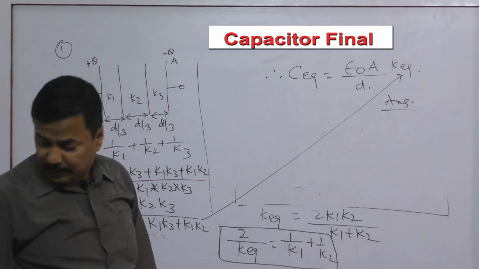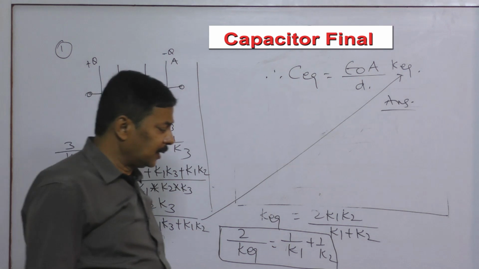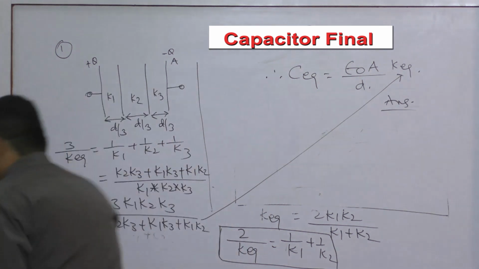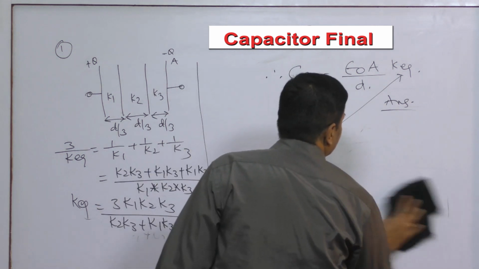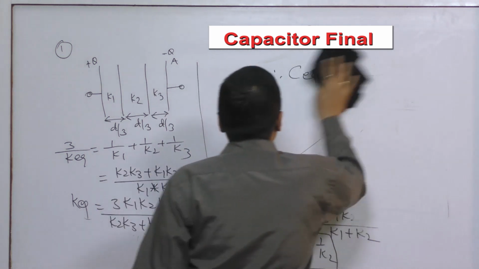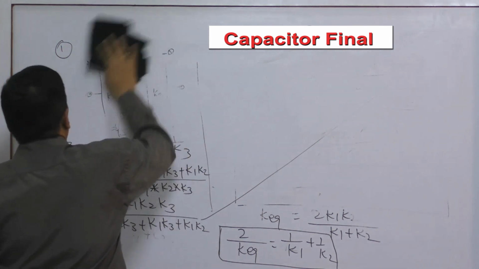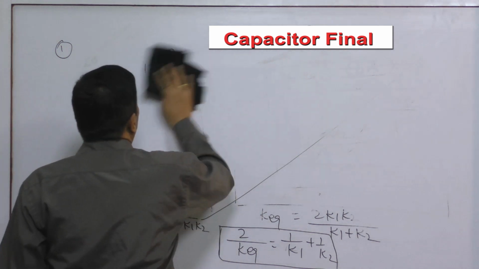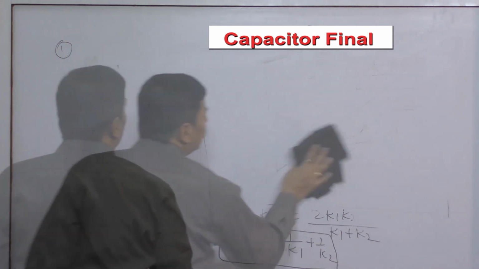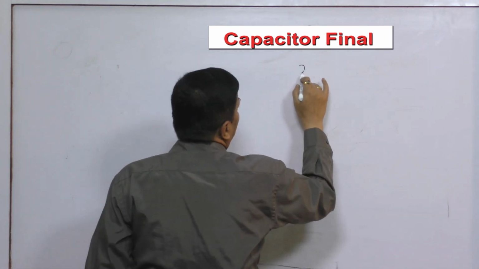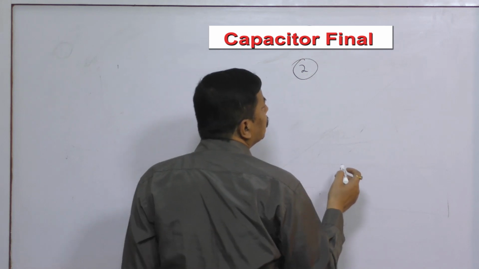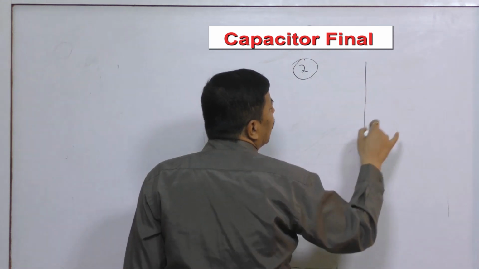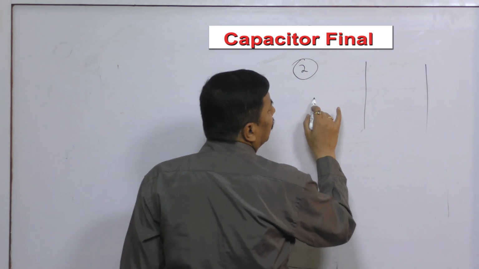Now let us discuss the other example. We are trying to understand the other example. The second example I am taking in this way: suppose again the parallel plate capacitor is there.